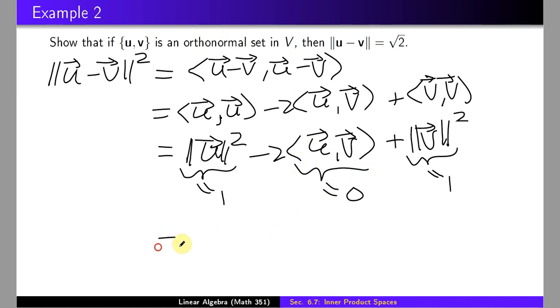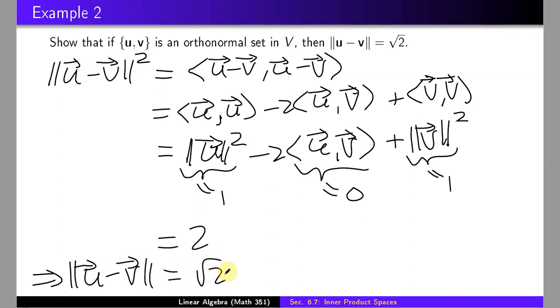And so let's see what we get out of this. We end up getting that the distance between these two squared is 2. So that tells us that the distance between the two vectors is going to be the square root of 2. And that's it.